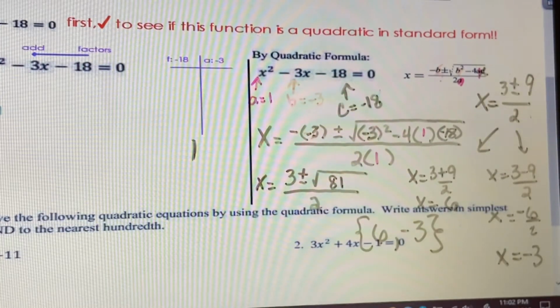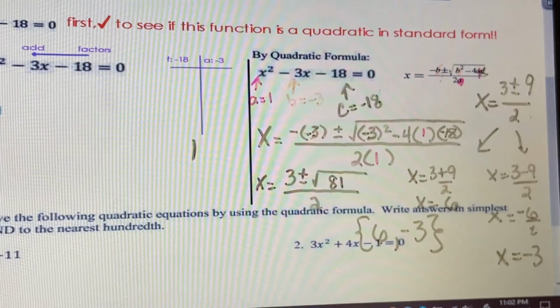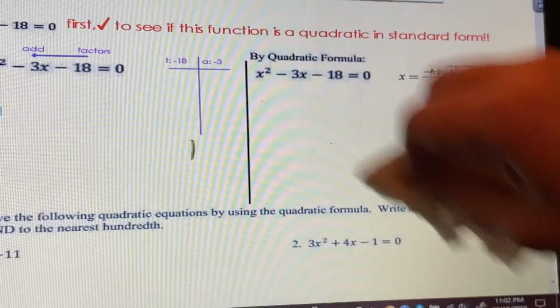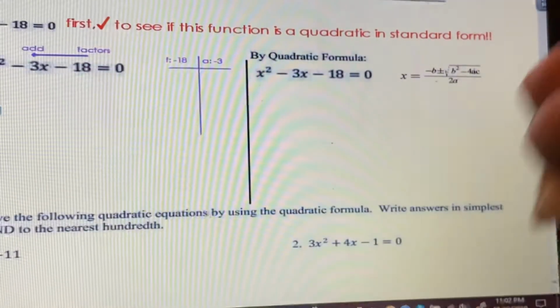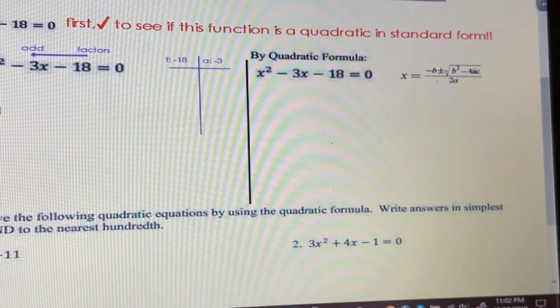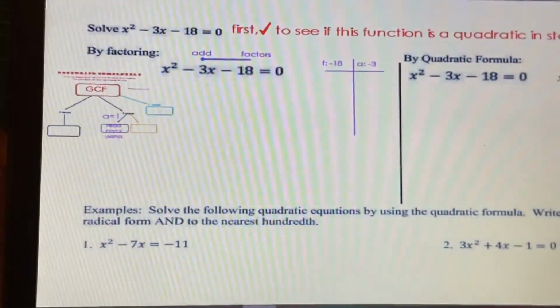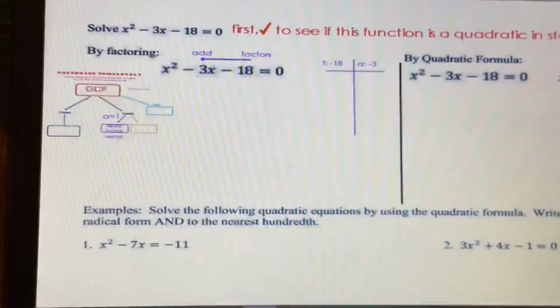All right. So it doesn't matter if you use the quadratic formula or factoring. Both ways, we got the same answer. We could do this by completing the square as well and still get the same answer of 6, -3. No matter how we solve it, it's always going to cross the x-axis at the same spot.